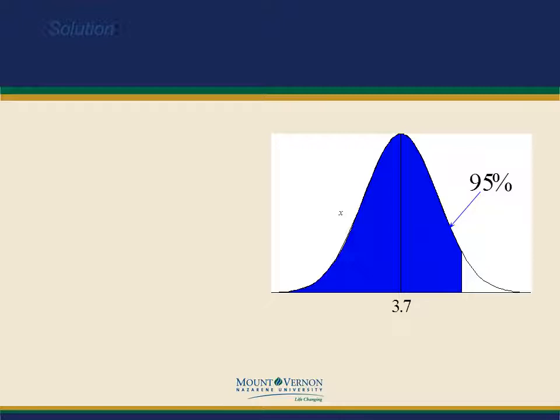And the 95% represents that shaded area. To compute this value of x, I'll use inv norm of 0.95, comma 3.7, comma 1.4. And that results in a value of 6. And so this bank can safely say that 95% of its customers will be served within 6 minutes.